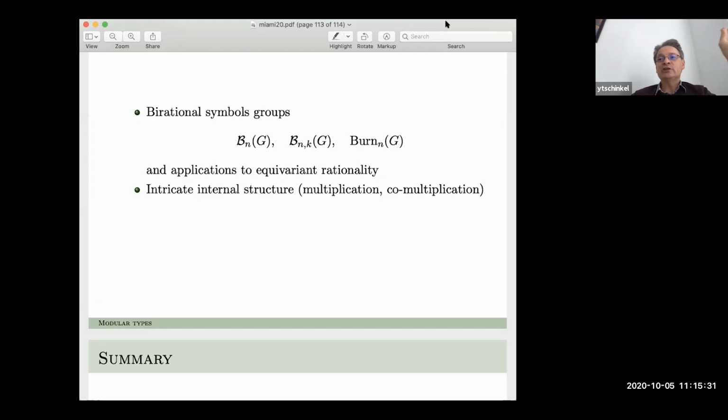An isolated fixed point on a surface with two eigenvalues, A1 and A2. And then what are the options? A1 and A2 could be in the same cyclic group or different groups. The difference could be 0, could be a subgroup, and so there are several options.